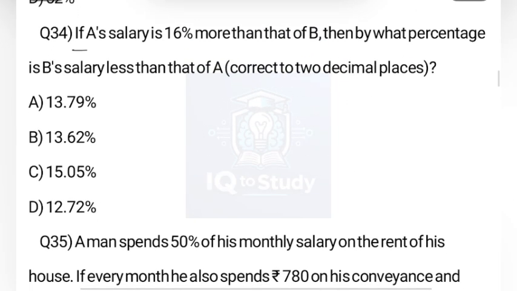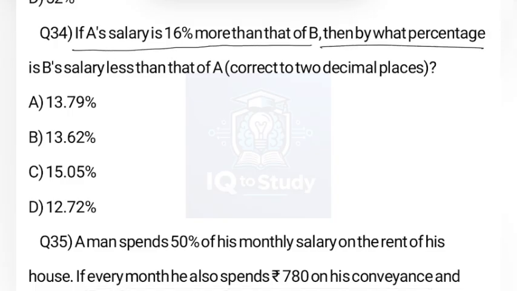If A's salary is 16% more than that of B, then by what percentage is B's salary less than that of A?